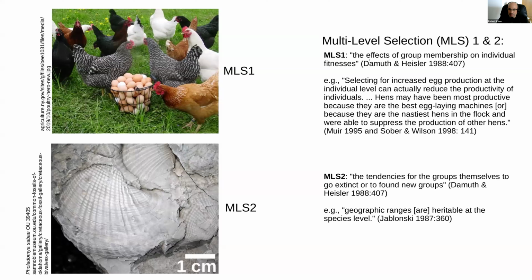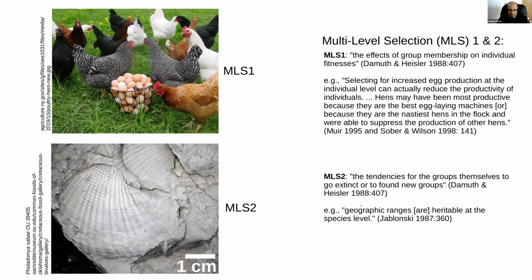I think the first authors to use this particular phrase, multi-level selection 1, were Damuth and Heisler in 1988. And what they're getting at in that case is very similar to frequency-dependent selection. I'll explain why I think it's not quite the same in a moment. But before I do, I want to contrast that with multi-level selection 2, which I'm not really going to talk about in any detail.